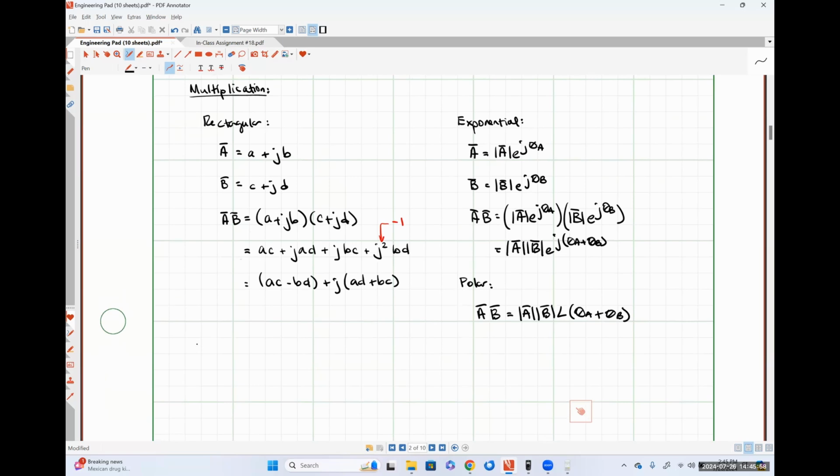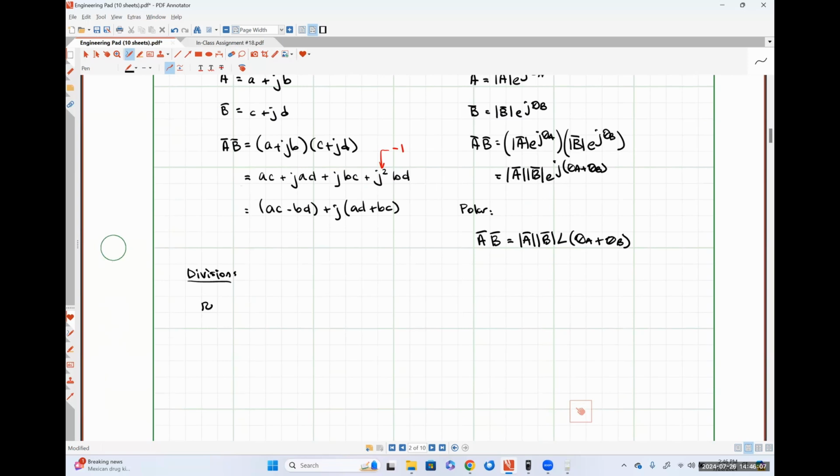And now let's look at division. So once again, complex number a is A + jB.